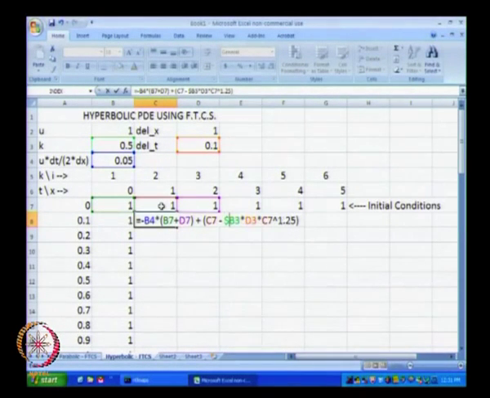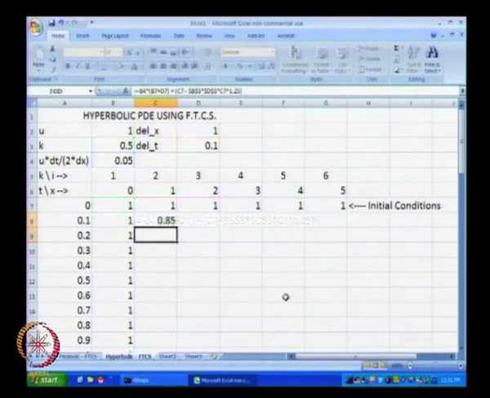We should put dollar signs over here for this particular constant, k multiplied by delta t, multiplied by the concentration at (i, k) to the power 1.25. Okay.